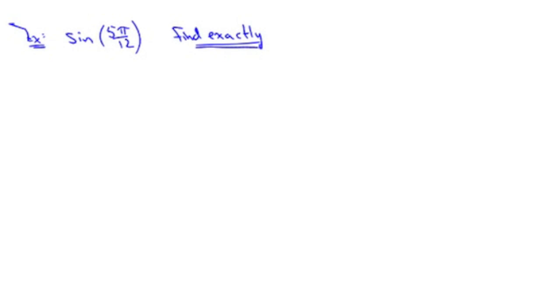So if we're going to find special angles that this works for, the only angles that we know are pi over 6, pi over 4, pi over 3, and if you want, pi over 2 can be thrown in there. So you should change them all to 12, so it will always have a denominator of 12.